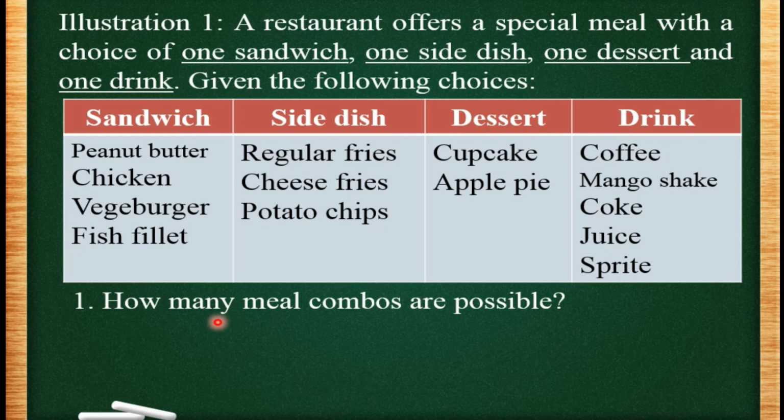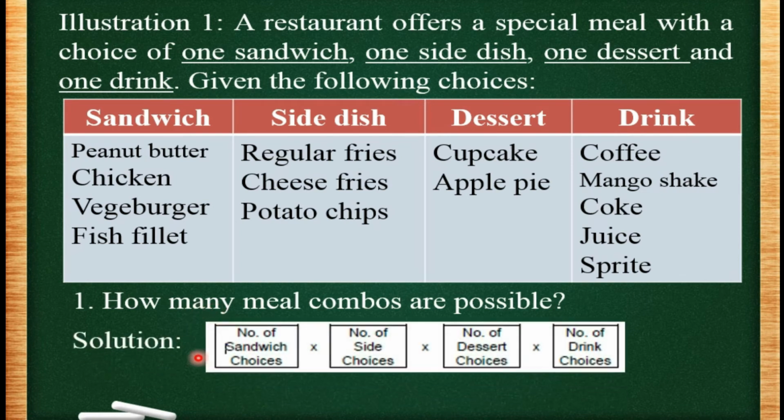This is how this problem is solved. Have your solution. So, you have the number of sandwich choices times the number of side choices times the number of dessert choices times the number of drink choices. So how many sandwich choices do we have? 1, 2, 3, 4. There's your 4. Times the number of side choices. 1, 2, 3.